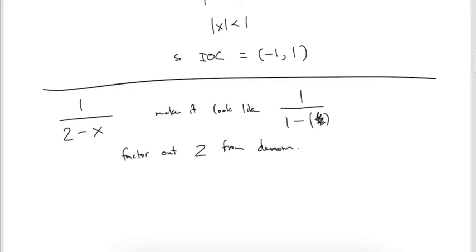What I mean is 1 over 2 minus x, I'm going to write it as 1/2 out front, and then times 1 over 1 minus x over 2. This is what I mean by factor a 2 out of the denominator. And then you do the series for this part, and then you just multiply the entire series by 1/2 when you're done. That's the idea.